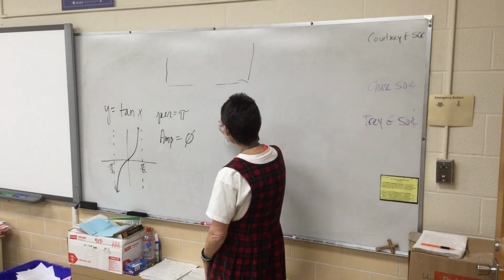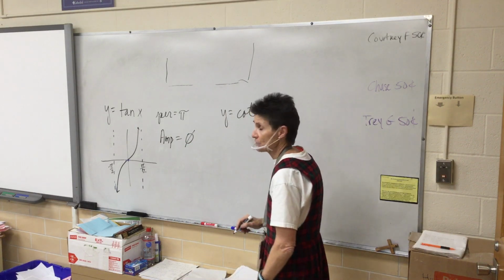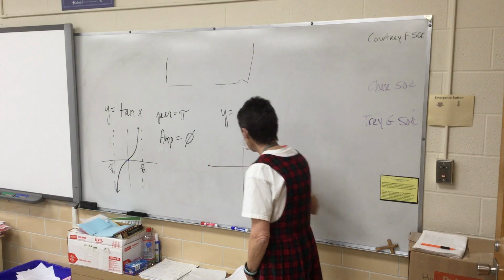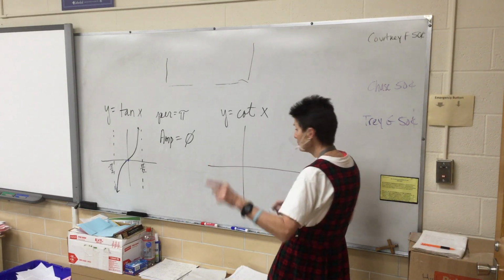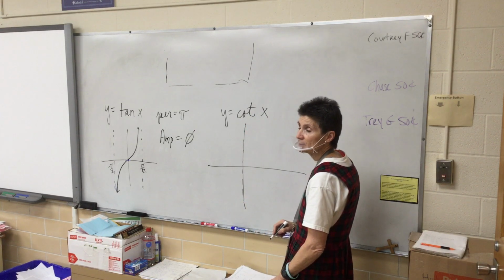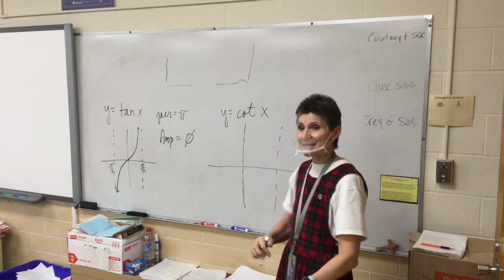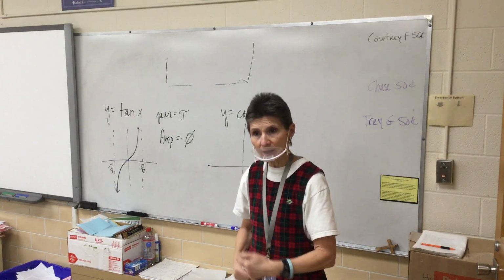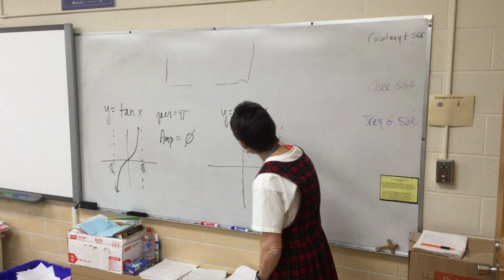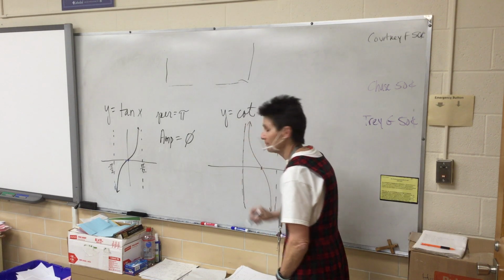Now, the cotangent has very similar features. Here's a huge difference though. The cotangent has an asymptote on the origin and another asymptote over here. And since it's the reciprocal of the tangent, it's decreasing. It's upside down of the tangent.